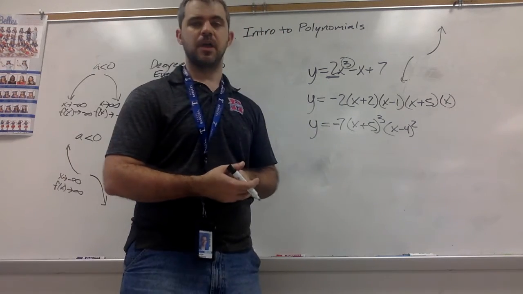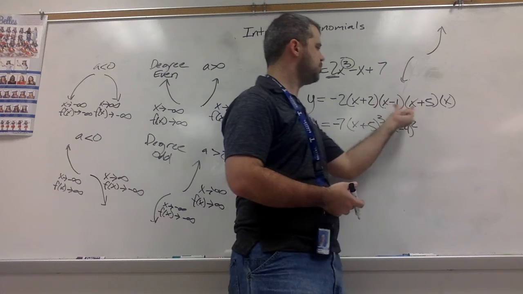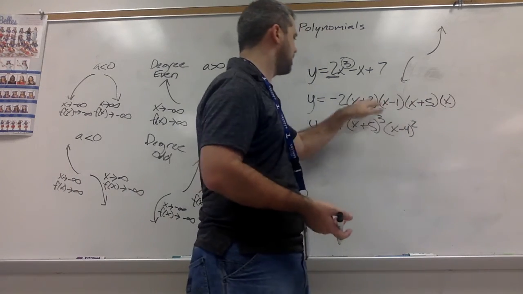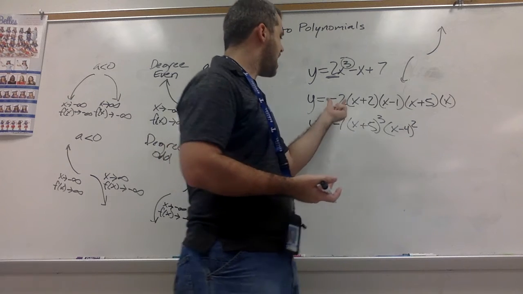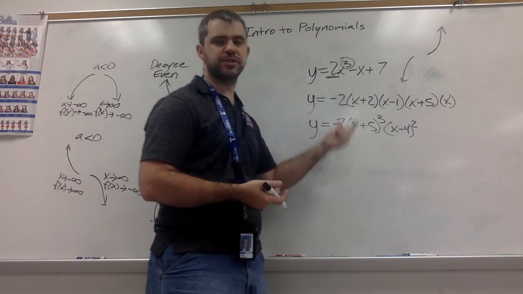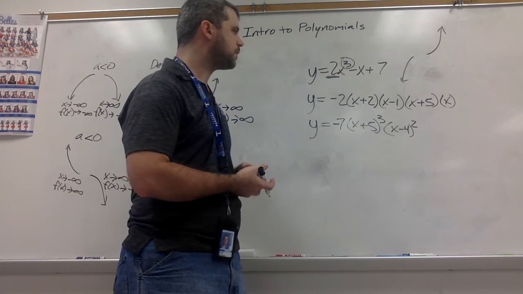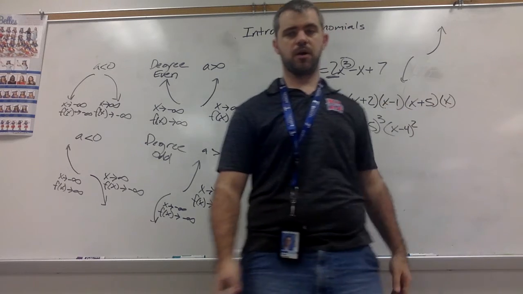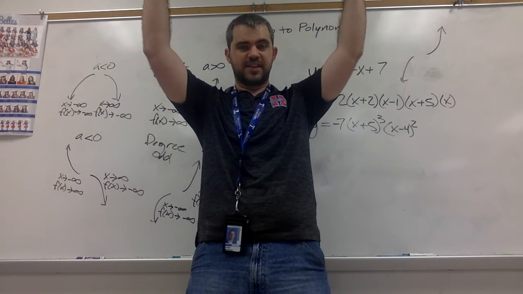This guy has 1, 2, 3, 4 roots. It's degree 4. So if I multiplied all this out, I'd have x to the 4th, and my leading coefficient is negative 2. Since it's an even degree, it's going to look like this.